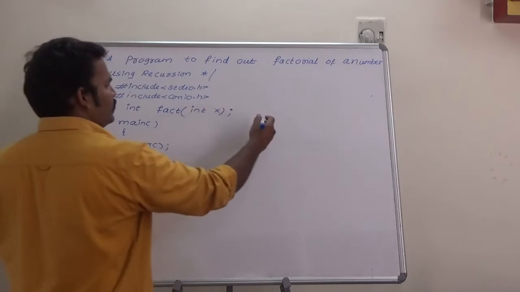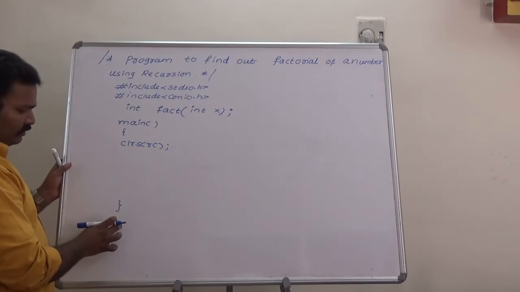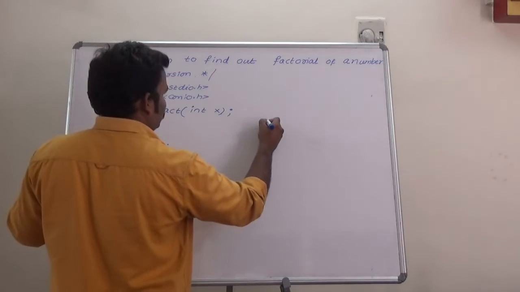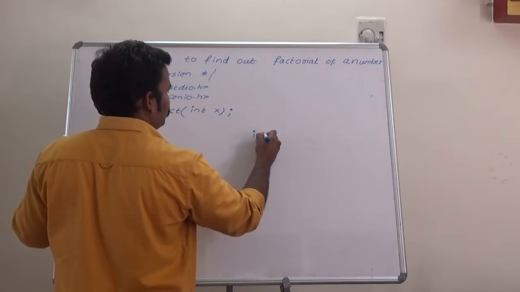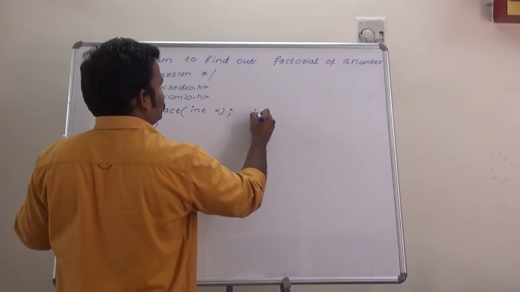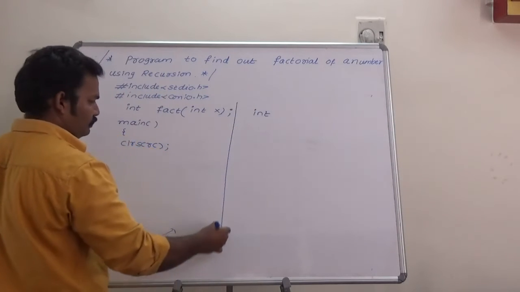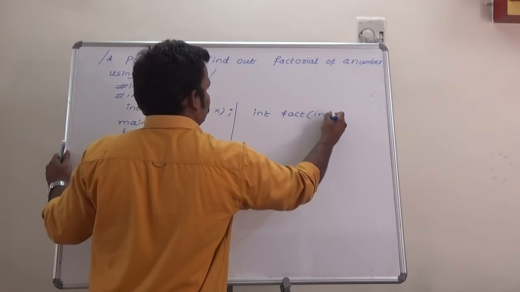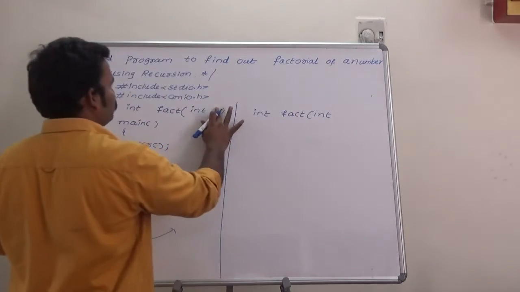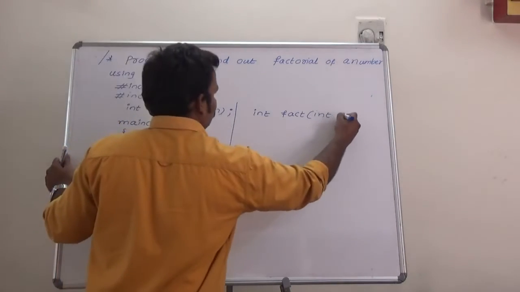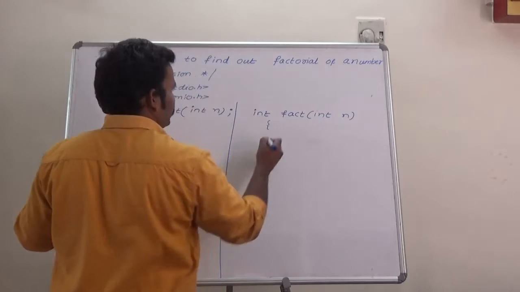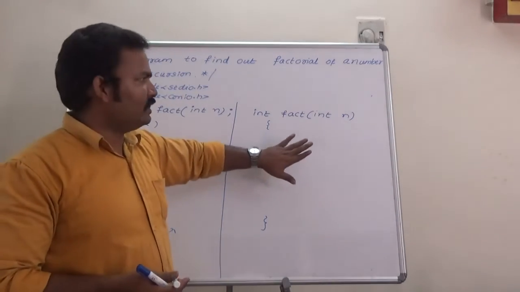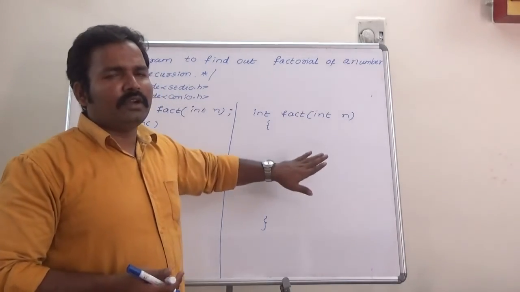Function declaration is completed, so here we have to write the function definition: int fact of int, and instead of x I am taking n. Opening brace, closing brace. Here we have to write the logic to find the factorial of a number.